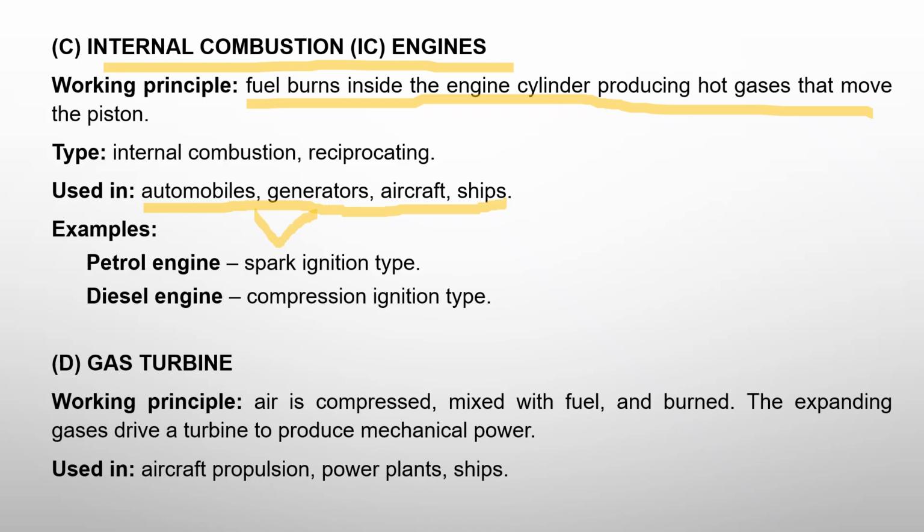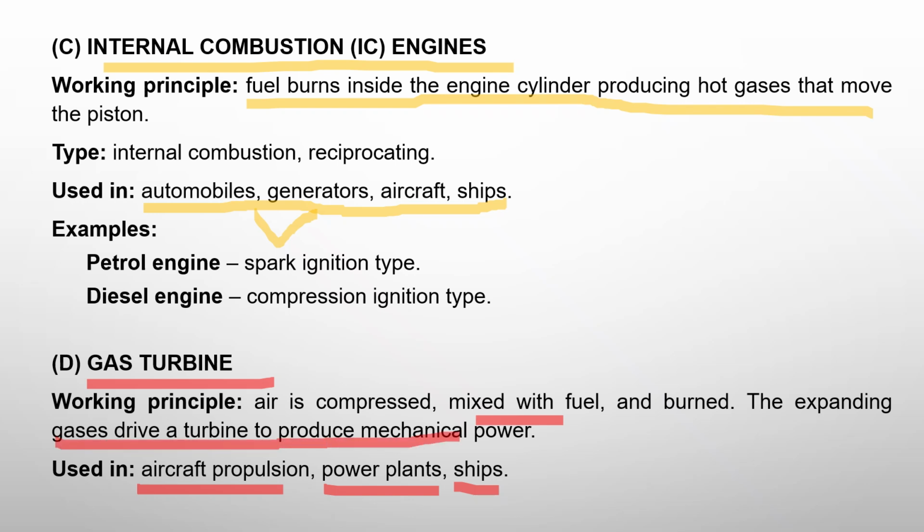The gas turbine is used for aviation purposes, that is in aircraft propulsion, as well as in closed cycle power plants, as well as in ships, where air that is compressed is mixed with the fuel, forms the flue gases, and burns. That expands in the turbine and produces mechanical power, that is rotation of the turbine, which can be converted into electrical power.